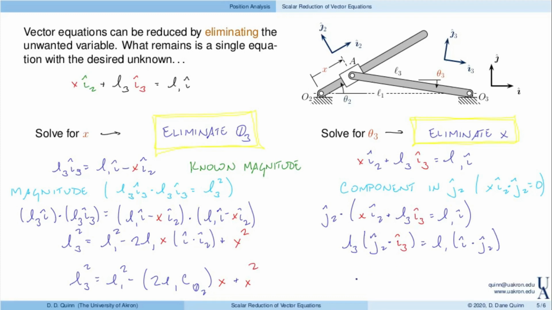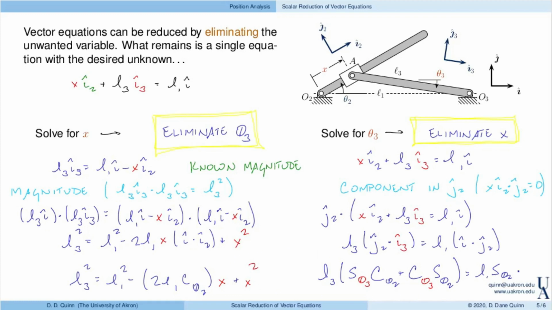So when I do that, I end up with the following. And you can go back and look at our coordinate transformations and do these dot products. We have L3 sine of theta 3 times cosine of theta 2 plus cosine of theta 3 sine of theta 2 equals L1 sine of theta 2.